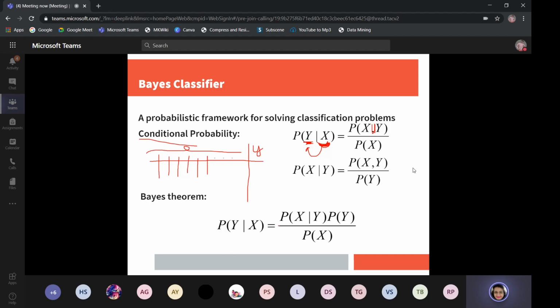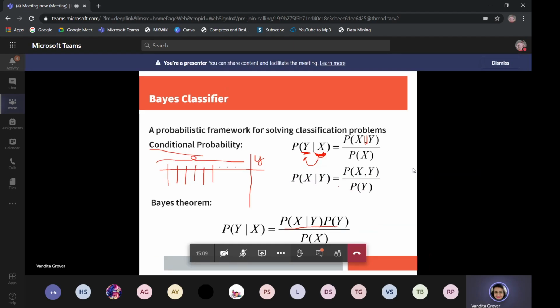So P(Y given X) can be computed by simply substituting these values.